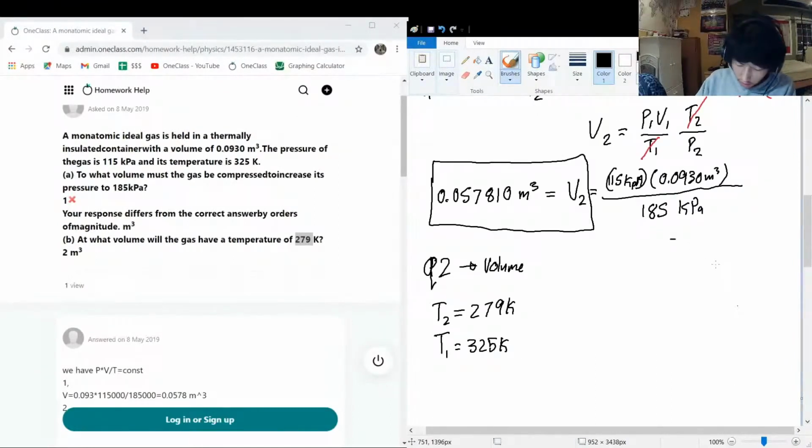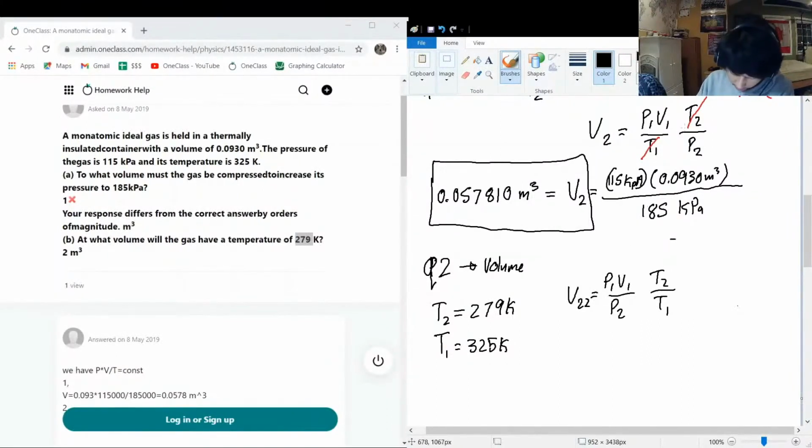So the V2 here is going to be the same, except we're going to uncancel the T1 and T2 terms. So we're going to have V2 is equal to P1 V1 over P2 times T2 over T1. Let's call this V22 because it's the V2 of the second volume corresponding to the second equation. It's pretty much just the same as the previous.